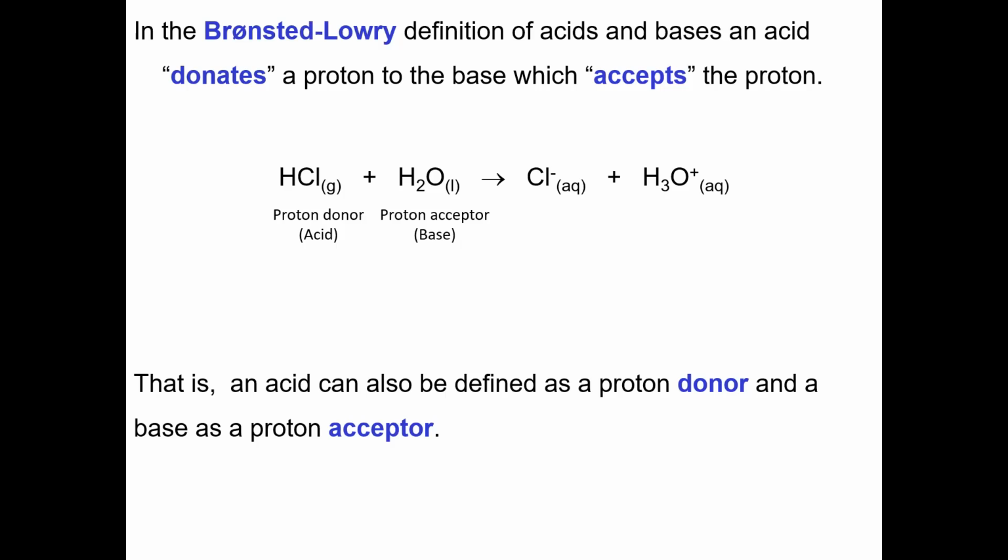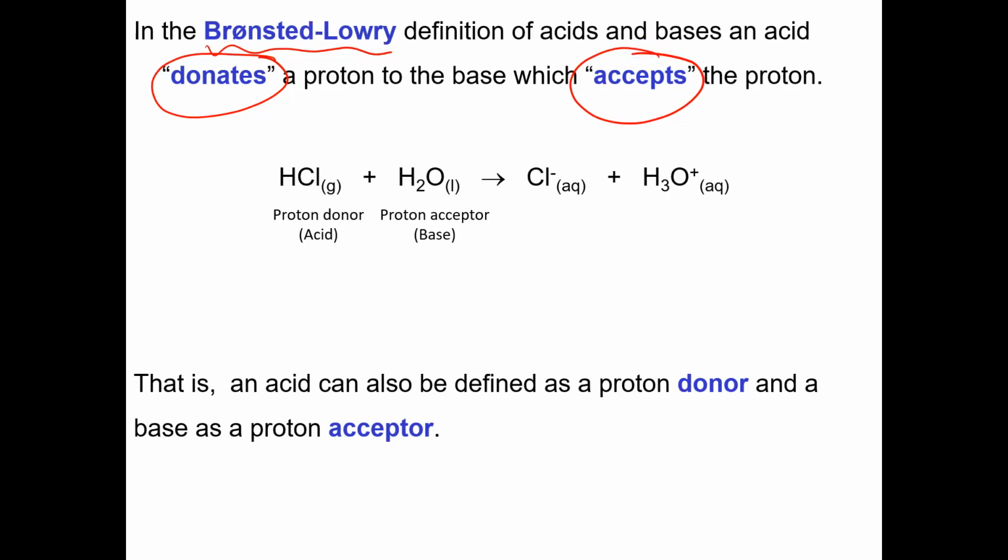The second definition of acids that's useful to keep in mind is what's called the Bronsted-Lowry definition. In the Bronsted-Lowry definition, an acid is what's called a proton donor, and a base is a proton acceptor.